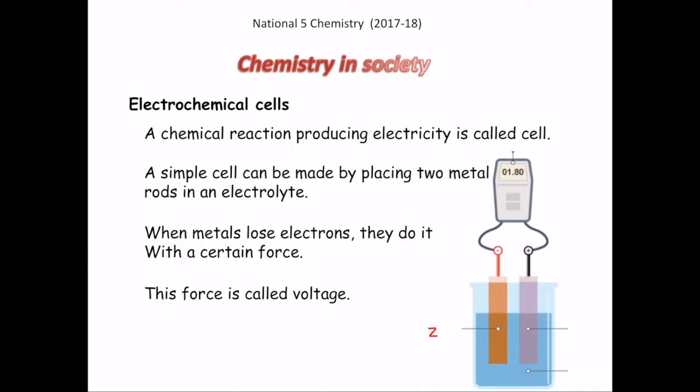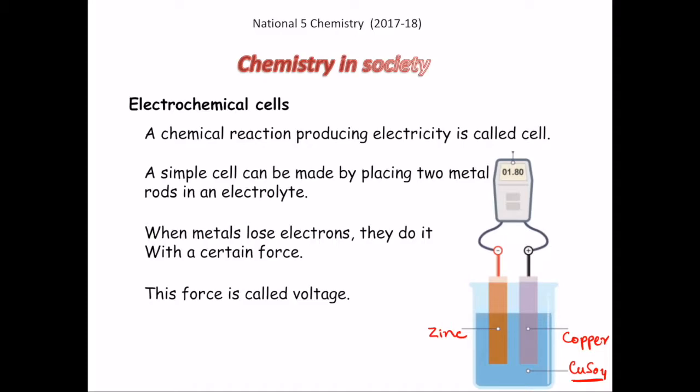One is zinc and the other one is a copper rod, which are dipped in copper sulfate solution. So the copper sulfate solution here is the electrolyte. An electrolyte is an ionic solution which helps to complete the electrical circuit in the solution.